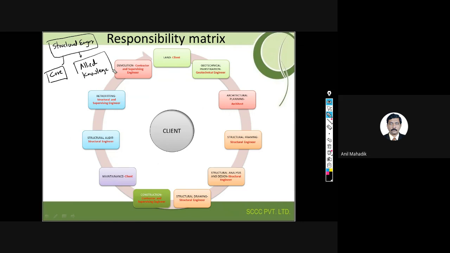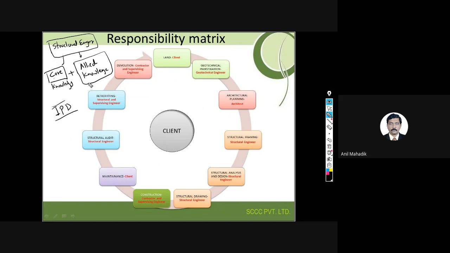So we have divided the training program in these two parts. Core study means core knowledge, which means structural engineering knowledge. So this total will become our IPD, initial professional development part in our training program.